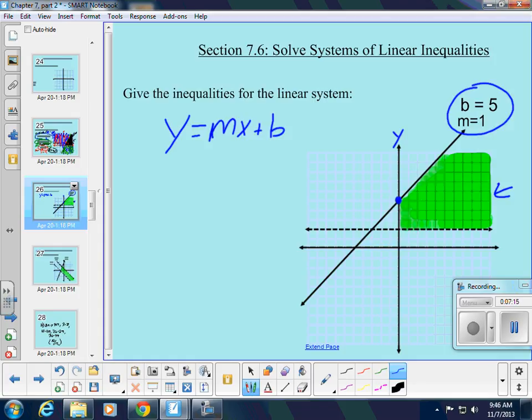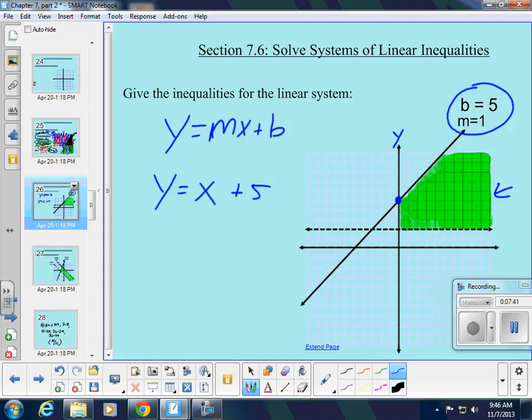And I'll tell us when we're going from the graph to the inequalities, the best way is going to be by putting things in slope-intercept form. That's going to be the easiest way to do it. So if I made an equation of that graph, it would look like y equals, well, the slope is 1, so I'd have 1x plus 5, or just x plus 5. I could write it like that as well. To make it an inequality, I just need to look, like we did at the end of chapter 6.